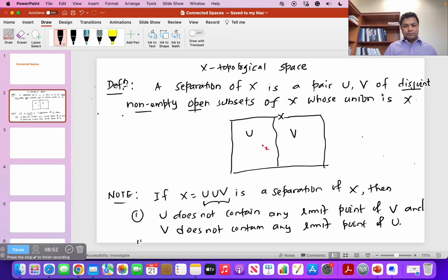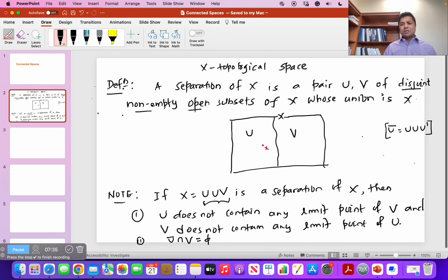Second note here: let me take the closure of U. Let me remind you, the closure of U is U union U prime, the set of its limit points. We have seen this in one of our previous lectures. So if we take the intersection of that with V, it has to be the empty set.